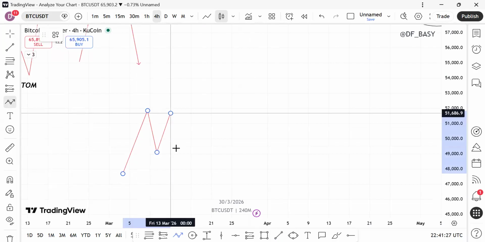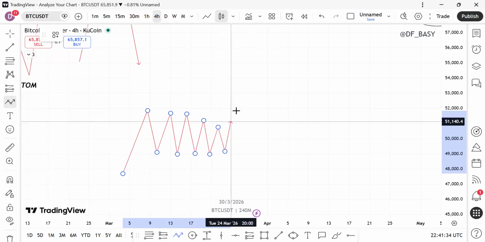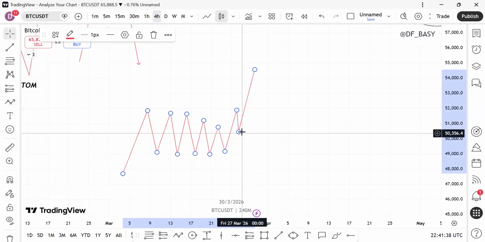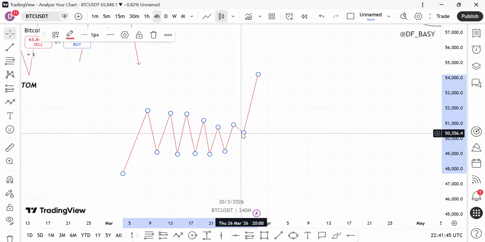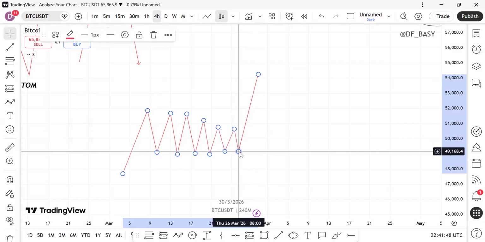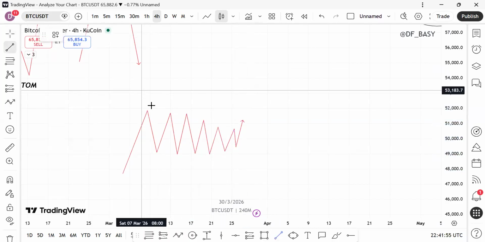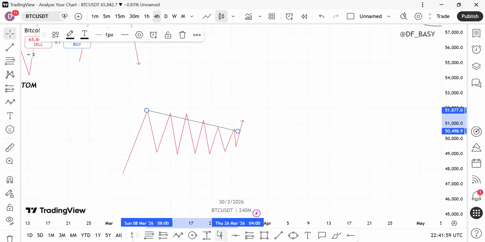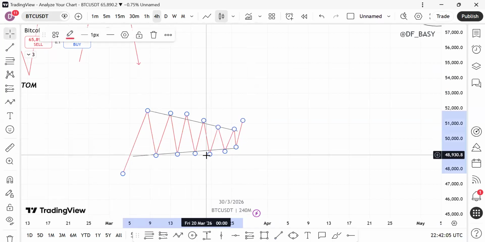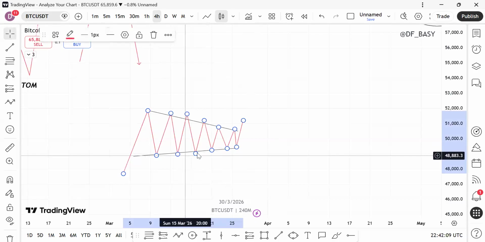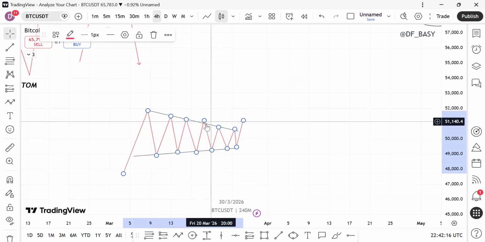So you have something like this: a range forming a triangle, then a break, a retest, and the market moves. So this is the triangle pattern.